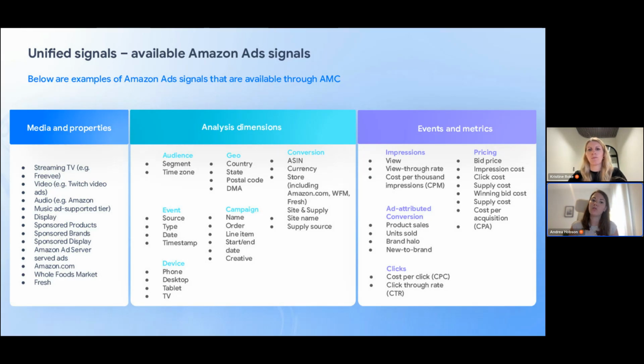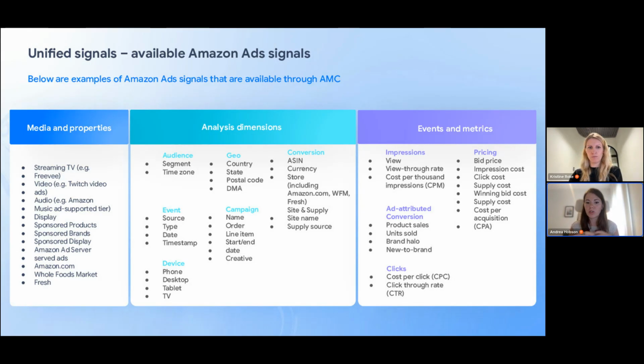And if we look into the events and metrics, here the event level data covers a lot of data like engagement, impressions, clicks, CTR, CPC, pricing, conversions, and also obviously event details like the sources and the timestamp.